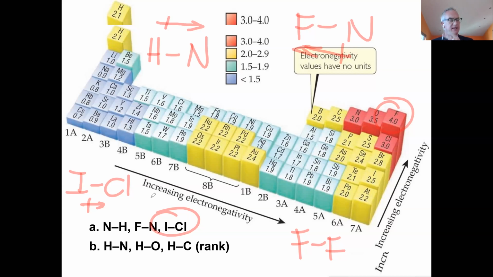Why don't helium, neon, and argon have an electronegativity? Well, yeah, but krypton and xenon have electronegativities. What's different about neon, helium, and argon?